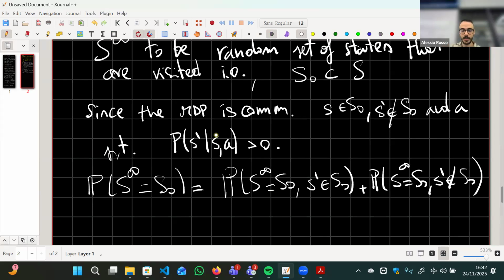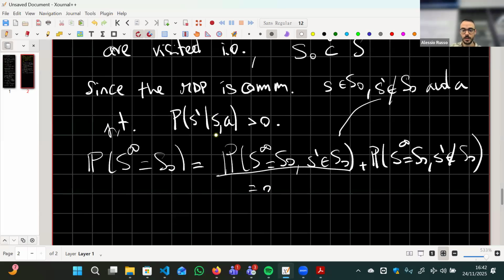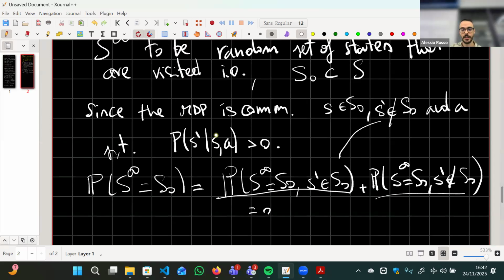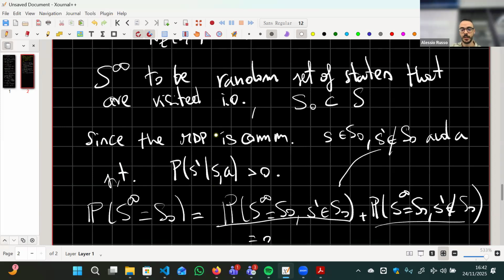So the first probability is simply equal to 0 because S prime doesn't belong to S_0. So now we need to reason that also this probability is equal to 0. And if we manage to show that this probability is also equal to 0, then it means that S_0 cannot be just any subset of S. It must be the entire set of states.